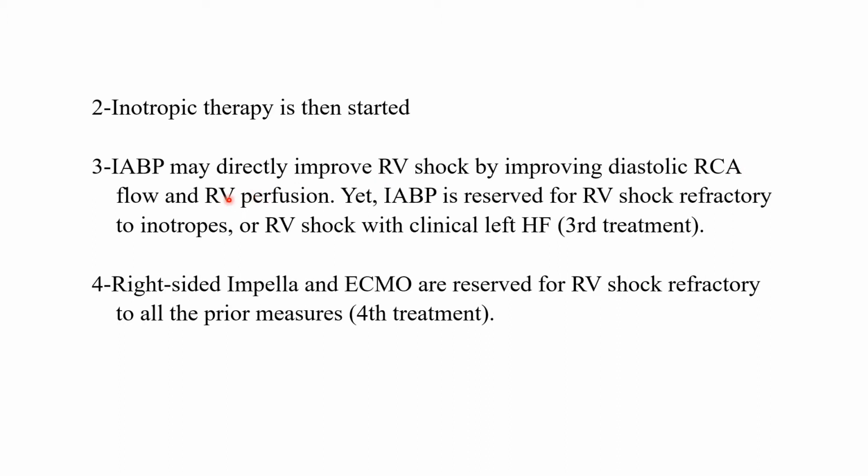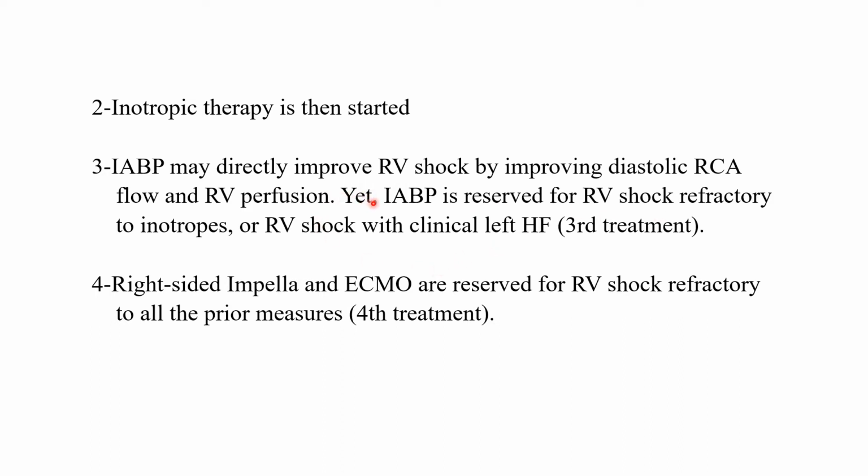This is aside from whatever effect it has on the left ventricle. This helps as well. Balloon pump will improve any component of LV failure contributing to shock, and that helps. But the primary effect in RV shock is the increase of RV perfusion.